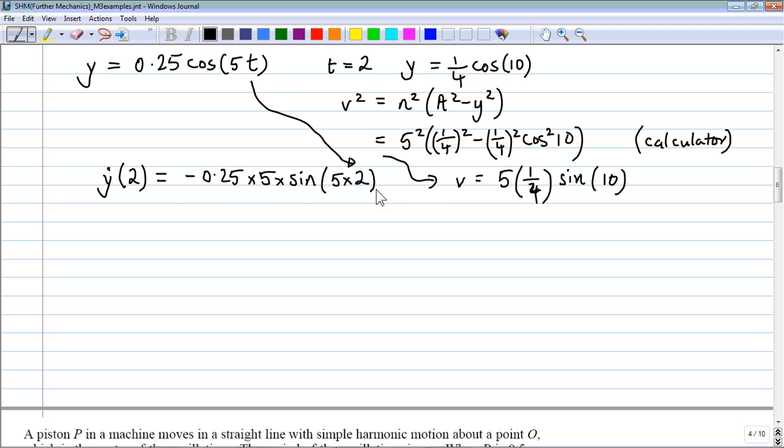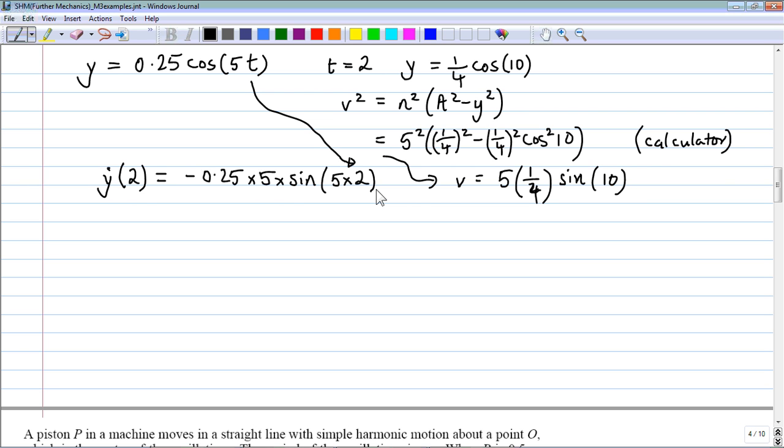Now I think I probably wrote that numerical answer down somewhere, so just for completeness I'll try and find it. 2.6. No, sorry, that's a different question. 0.68 meters per second.